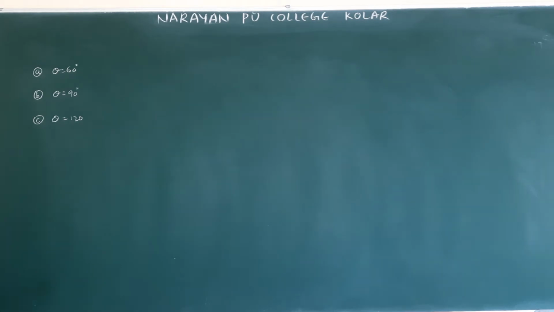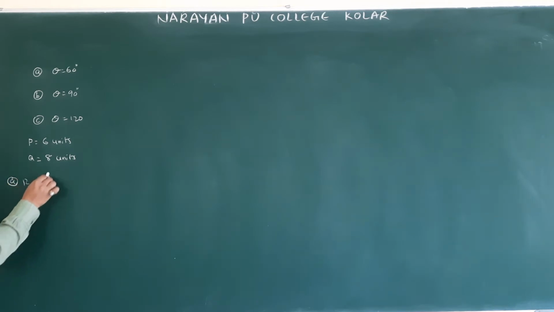So two vectors: P is equal to 6 units, Q is equal to 8 units. These are the units written along with the P value and Q value. First they are asking the resultant. First case A: R is equal to, what is the formula?